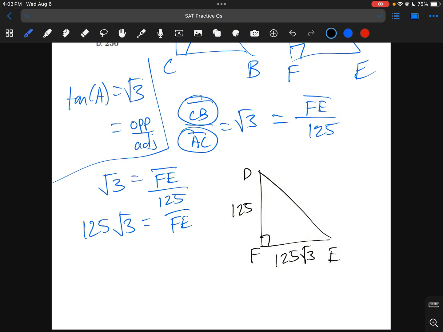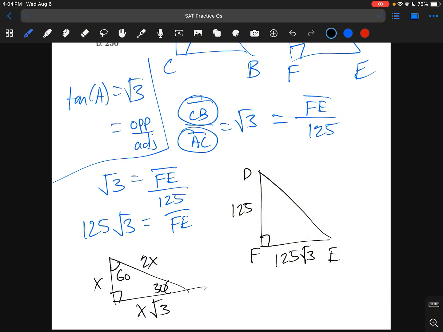Now notice something. Notice that this looks like a special triangle rule. A 30, 60, 90 triangle has the relationship that this is x, this is x square root of 3, and this is 2x, when this is 90, this is 60, and this is 30.